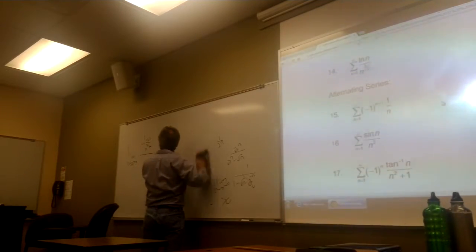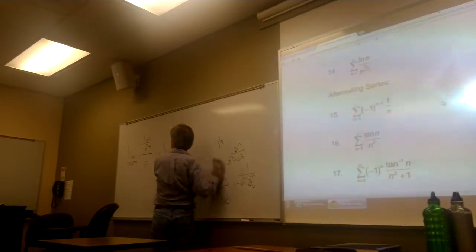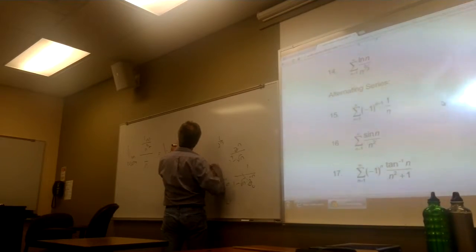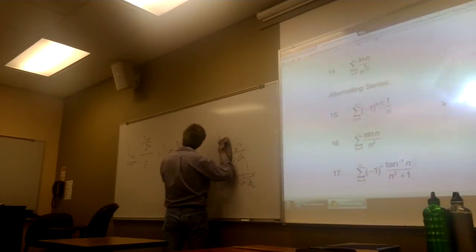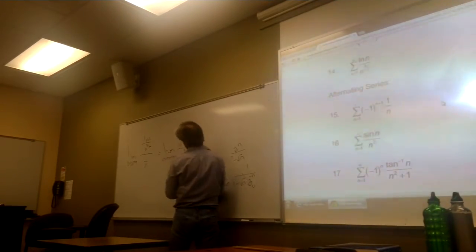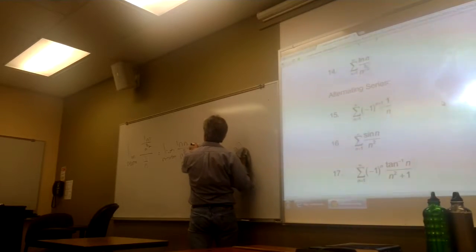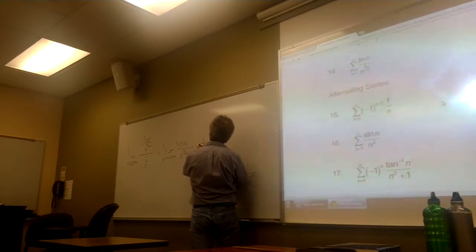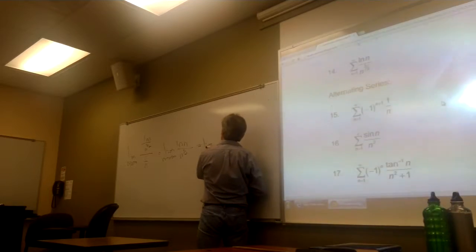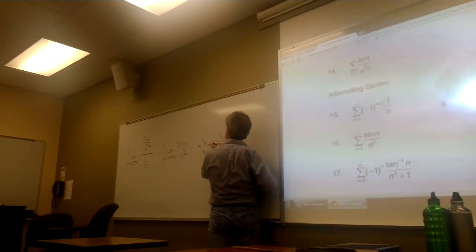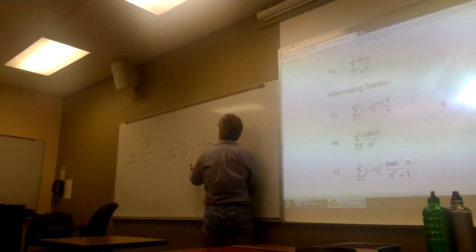I get the limit as n goes to infinity of the ratio of natural log of n to, I don't know, is that n to the 1 half? And if I employ L'Hopital's rule, I think I get this.